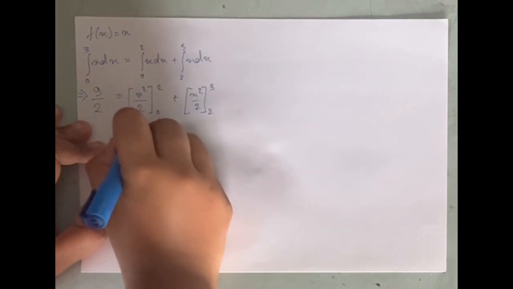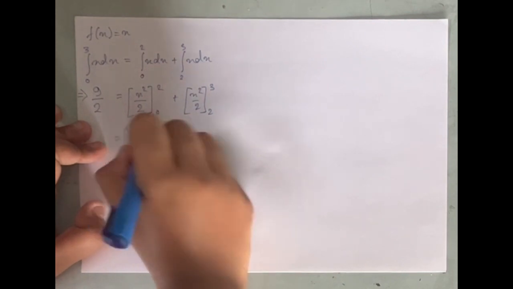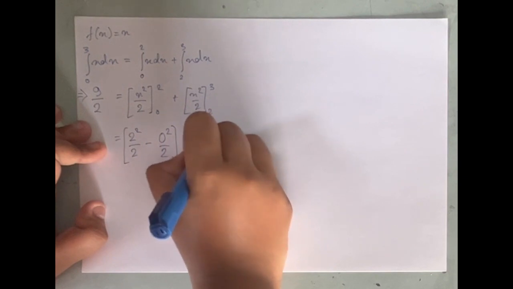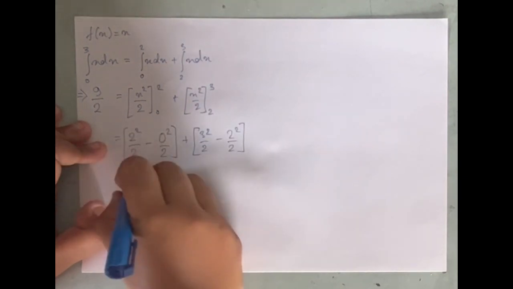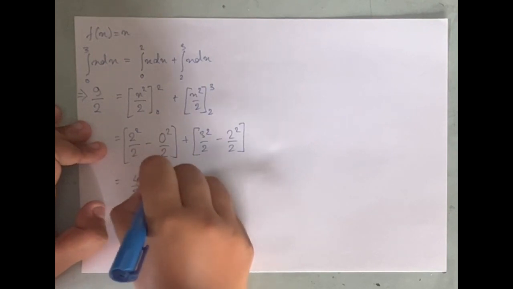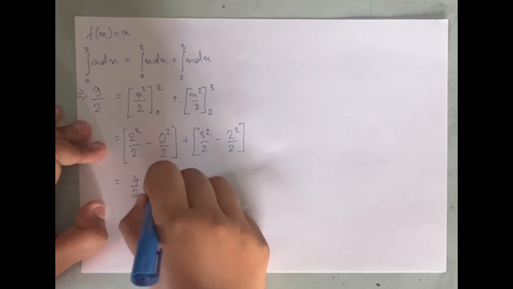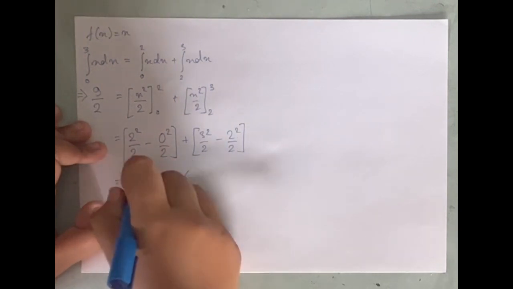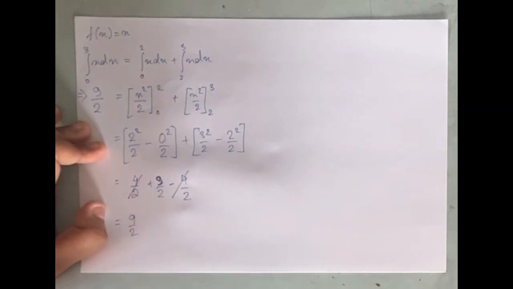So this will be 2 square by 2 minus 0 square by 2 plus 3 square by 2 minus 2 square by 2. This would be 4 by 2 plus 9 by 2 minus 4 by 2. The 4 by 2 and 4 by 2 will get cancelled, and the answer would be 9 by 2, which is the same as this one.